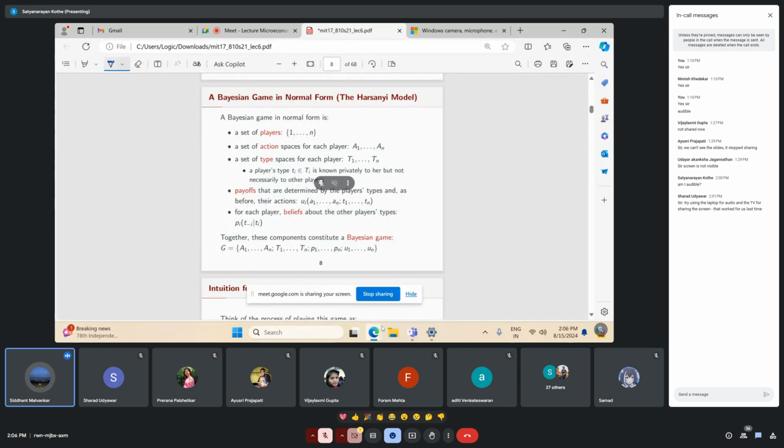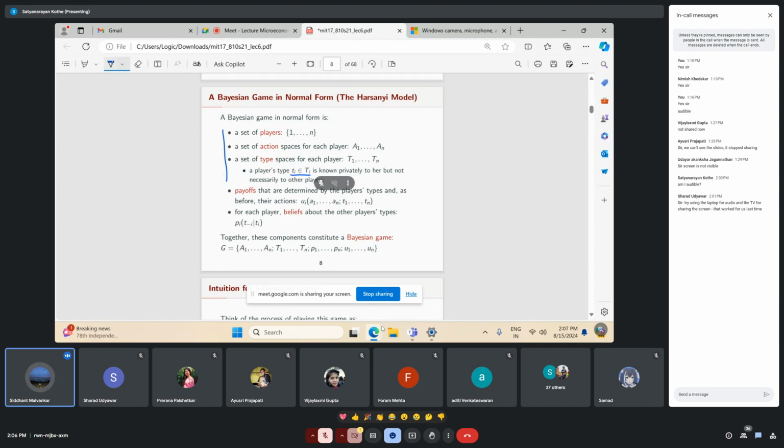Okay. So I was talking about these Ti's, which are elements of T, that every player type Ti, which is an element of T, is known privately to the player, but not necessarily to the other players. And that's what we were talking about, all these three.